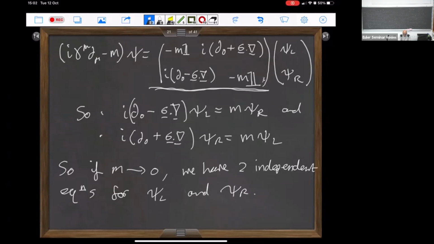So you see what the Dirac equation does is it mixes the left and right-handed components of the spinor. And an important observation is that if I consider the m goes to 0 limit, so the massless Dirac equation, then the terms on the right-hand side drop out, and these become two independent equations for the left and the right-handed components.